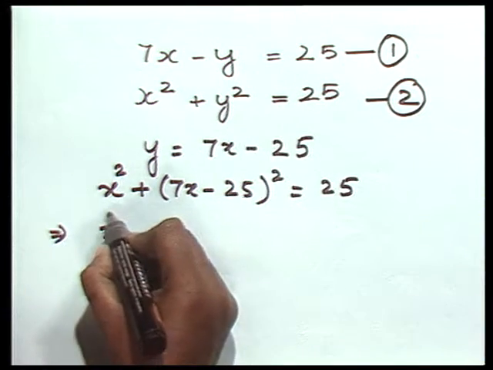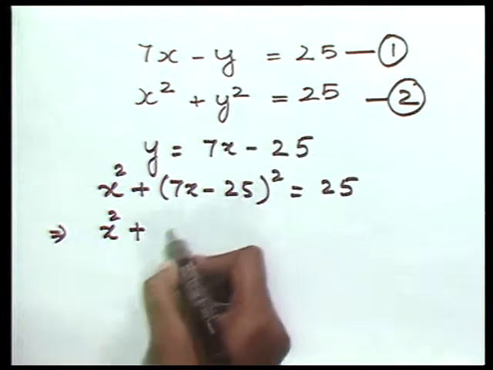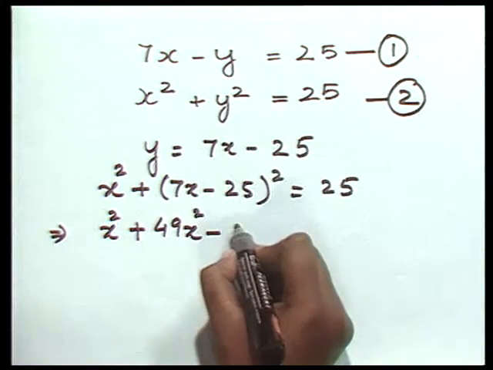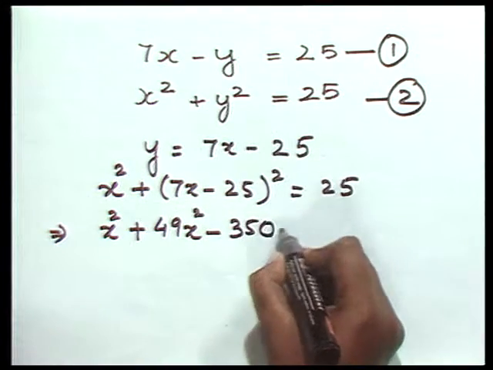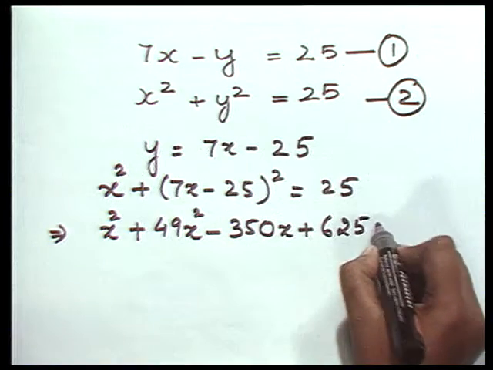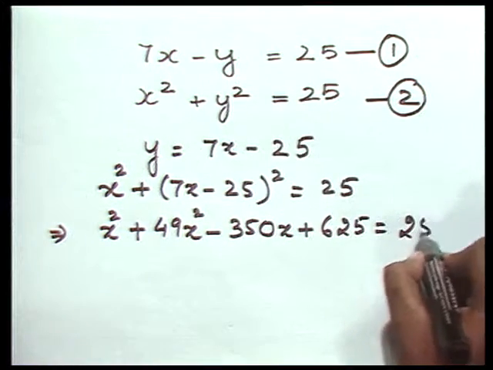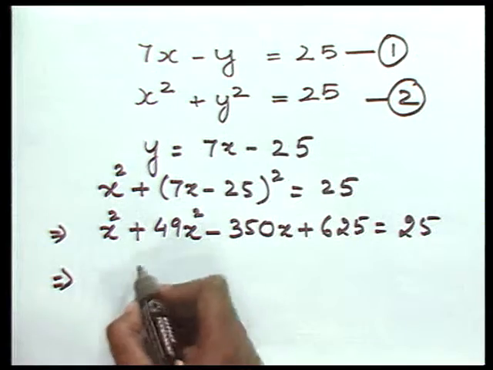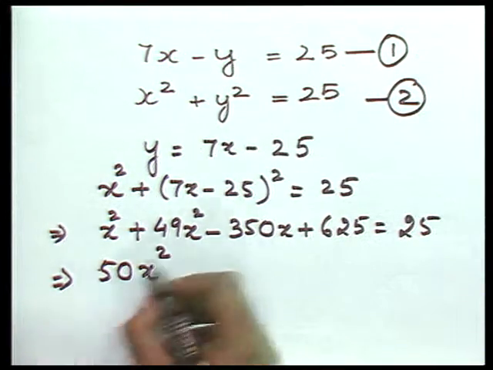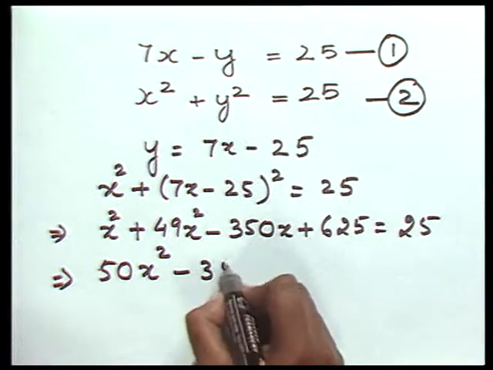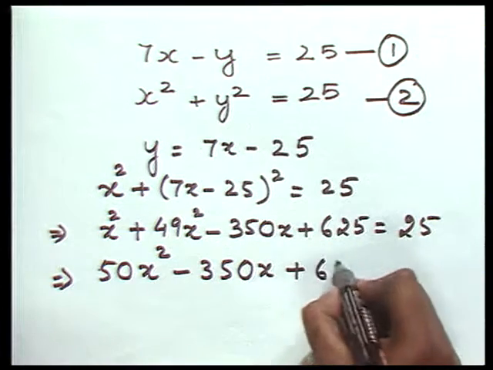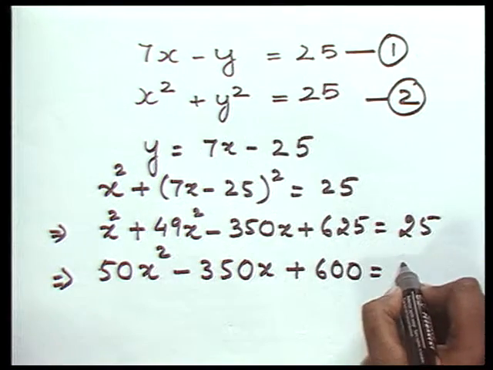Using the (a minus b) whole square formula, we get 49x square minus 350x plus 625 is equal to 25, which on solving further gives us 50x square minus 350x plus 600 is equal to 0.